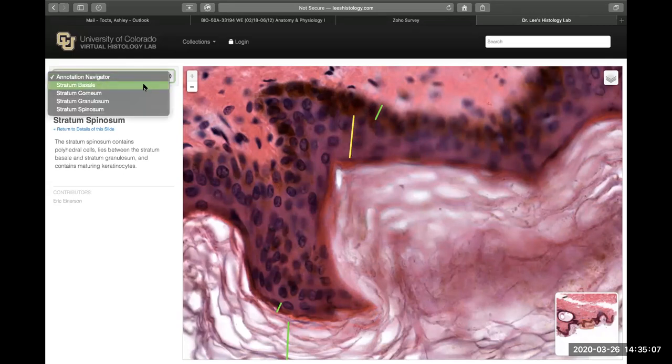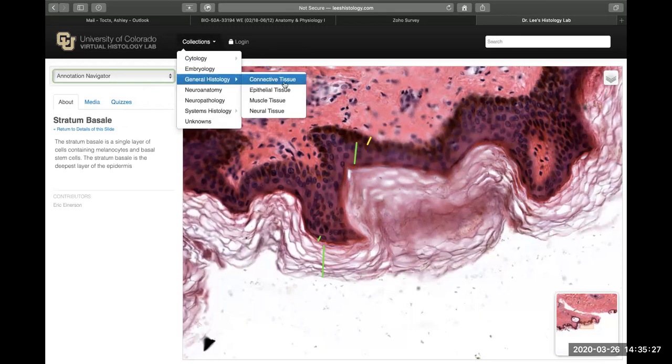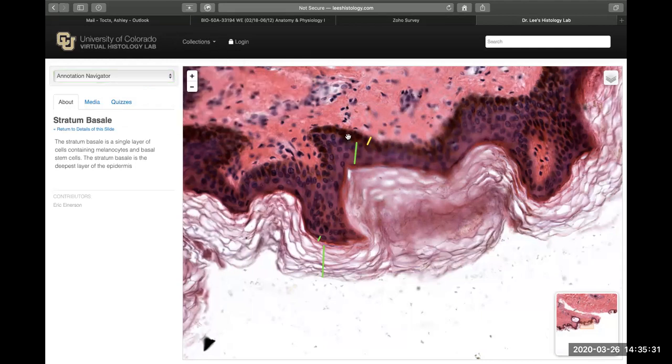And finally, the stratum basale, which they are indicating is right here, this darkest layer of cells, just superficial to the connective tissue that makes up the dermis. So that's pretty cool that we get to see all of that, in the connective tissue version of the skin sample in Lee's Histology.